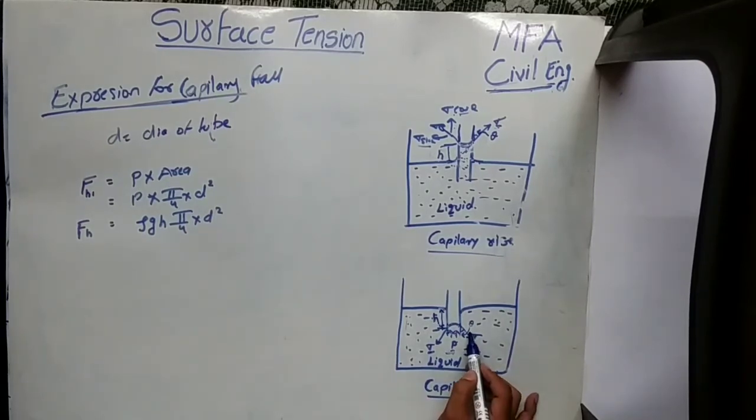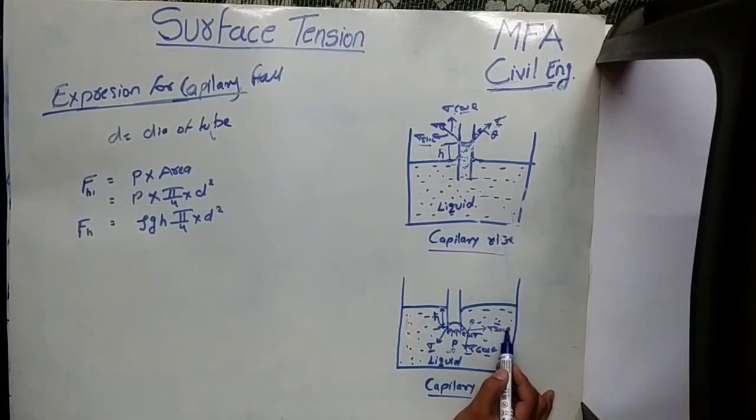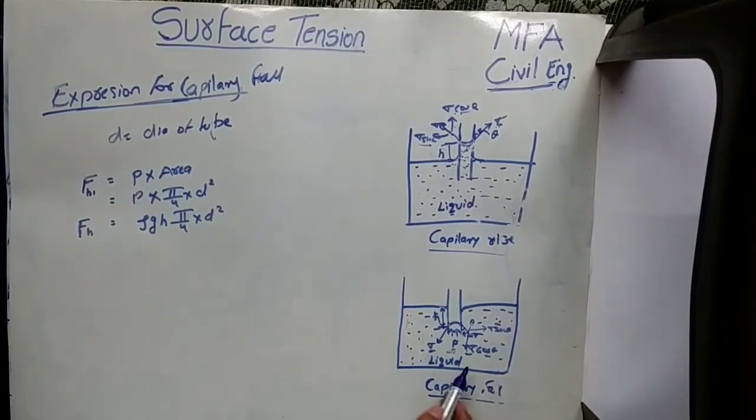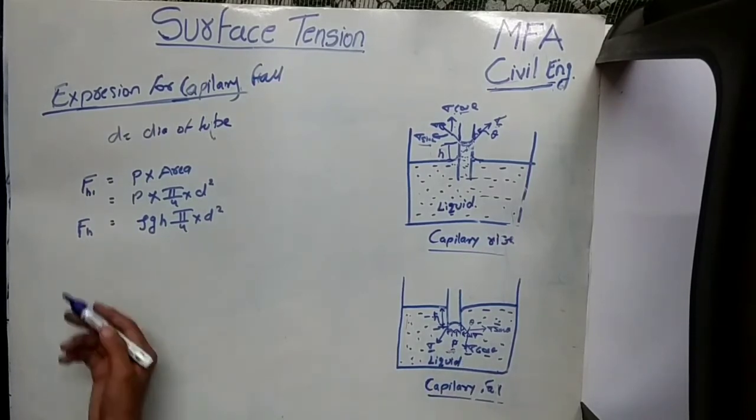Now resolve the surface tension into the horizontal and the vertical component. The vertical component is the surface tension cos of theta, which acts in the downward direction, and the surface tension sin theta acts in a horizontal direction. Now the hydrostatic force acting vertically upward is balanced by the vertical component of the surface tension.